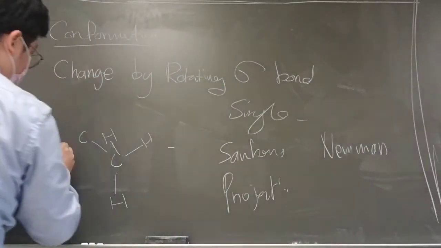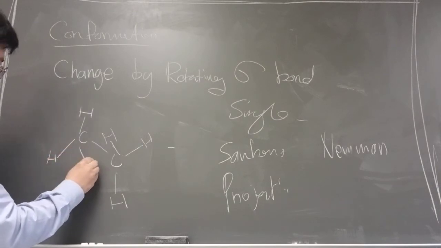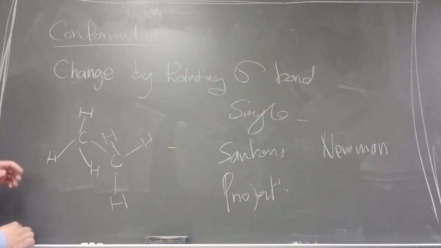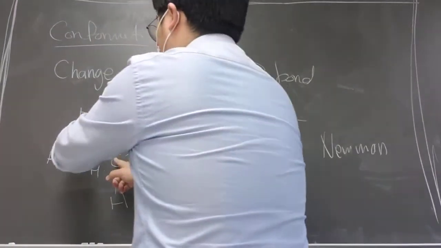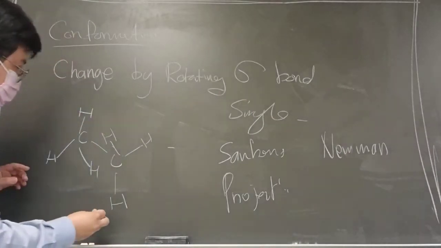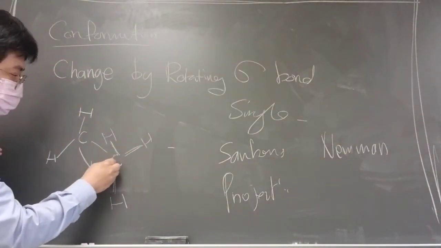Okay, and you can draw the... okay. So as you can see, if you look at that compound from this view right here, you're actually going to have those bondings on this carbon.